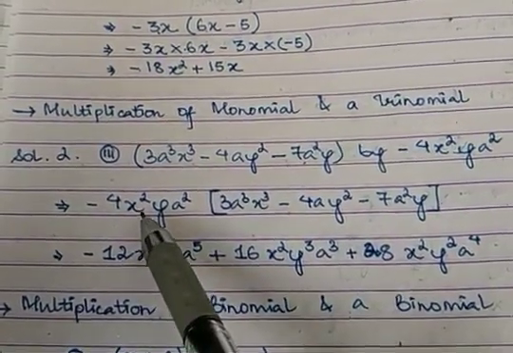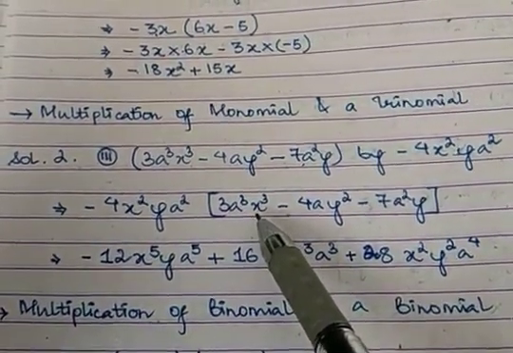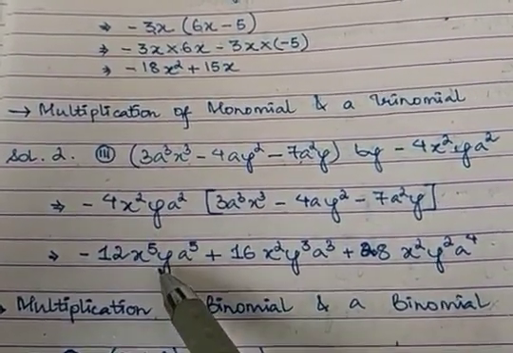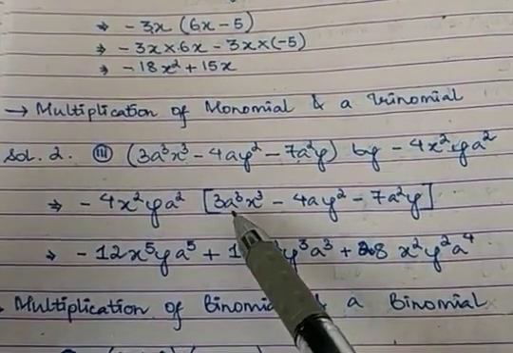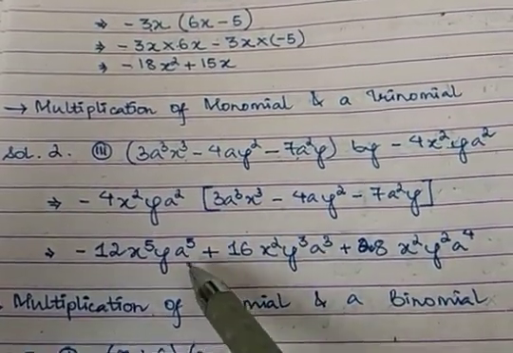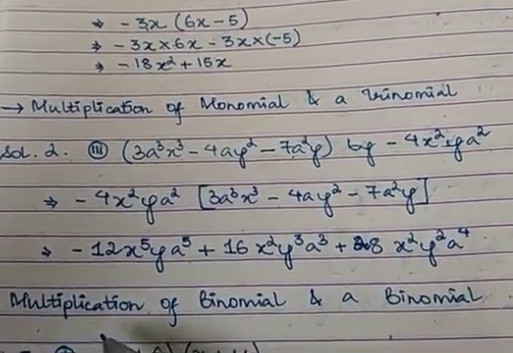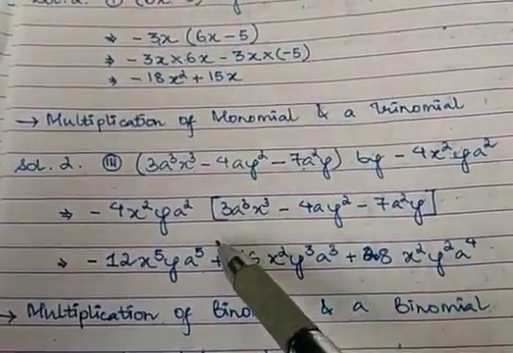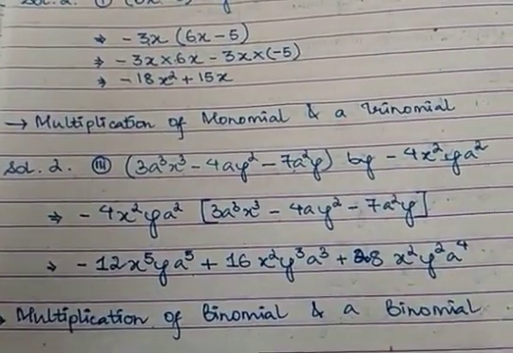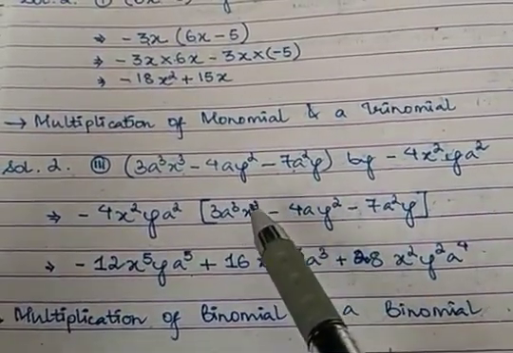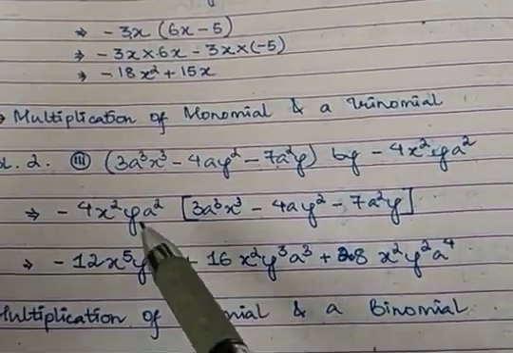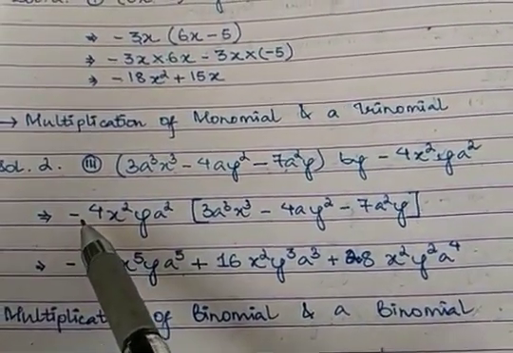We got a term with x to the power 3, powers will be added, we know that, so x to the power 5. y remained as it is, a squared and a to the power 3 we got, so a to the power 5. Understood? For those who haven't understood, if you write this line over here, you will get to know. It's similar. What I am trying to teach you here is to skip a few steps. It will be easier and time saving as well.